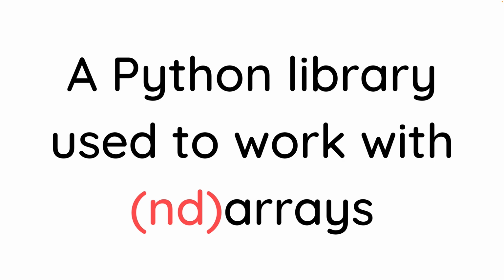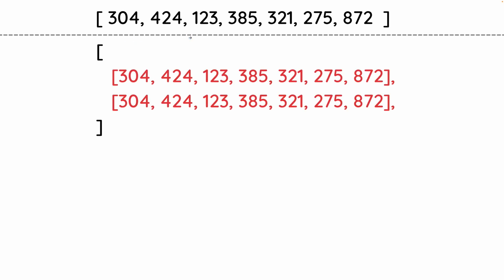So what do I mean by that? Well, let's look at this array right over here. This is probably the typical array that we see. So we have an array and then within it we have a bunch of different integers. This over here is a one-dimensional array. But we can also have an array that looks like this. So we have an array and then within it we have a bunch of different arrays of integers.